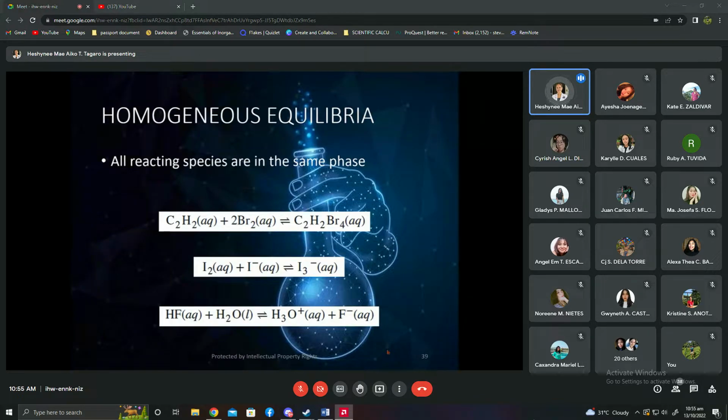Homogeneous equilibria applies to reactions in which all reacting species are in the same phase. All right? So, as seen on the slide, the reactants and the products are all in the same phase. They are in the aqueous phase.